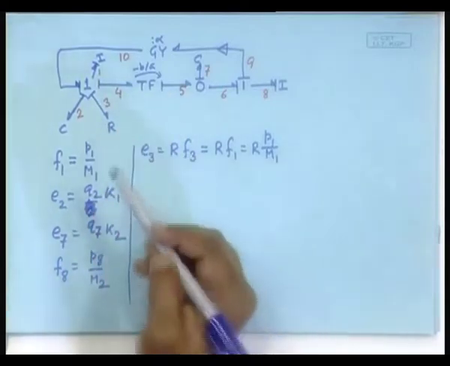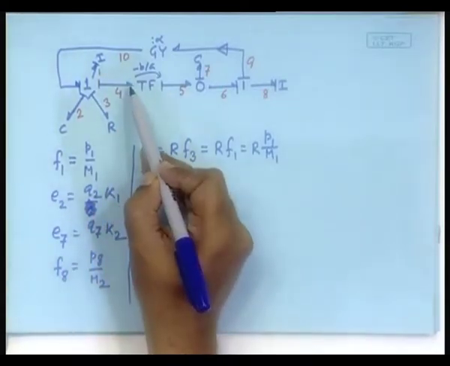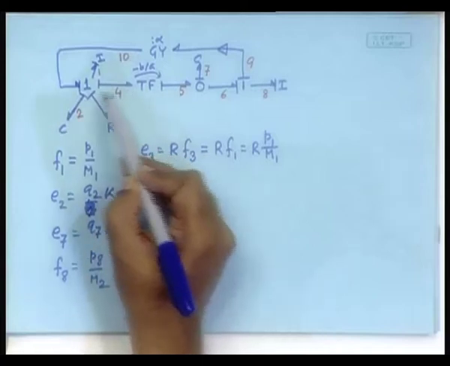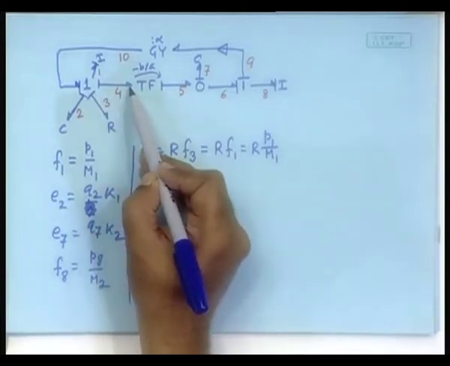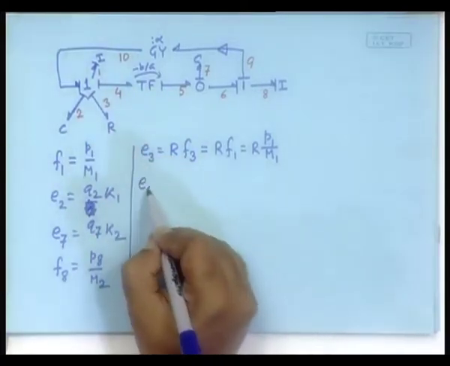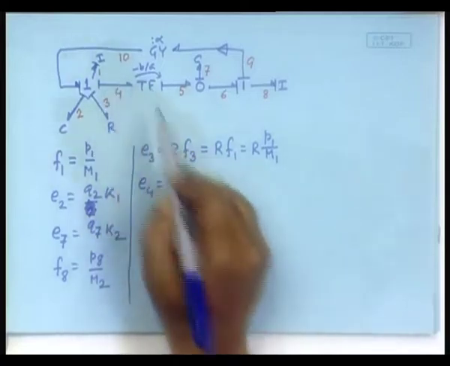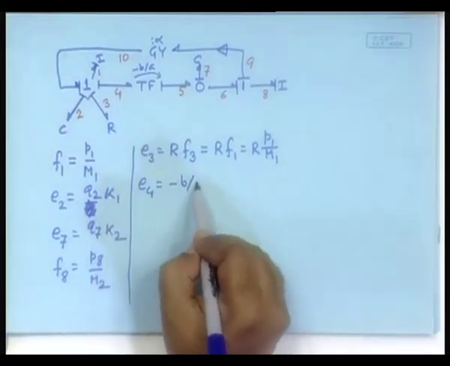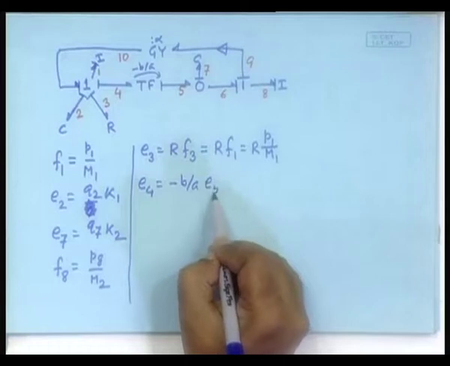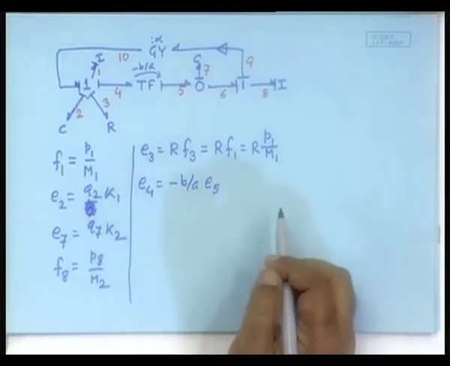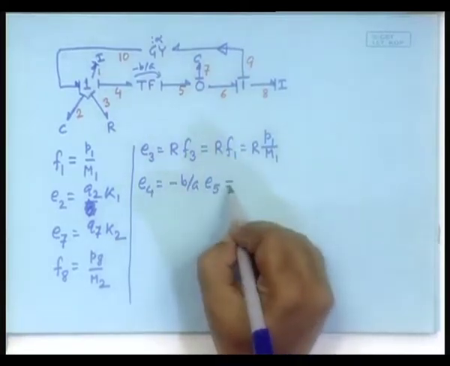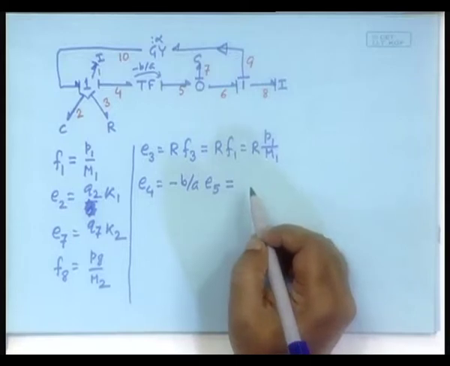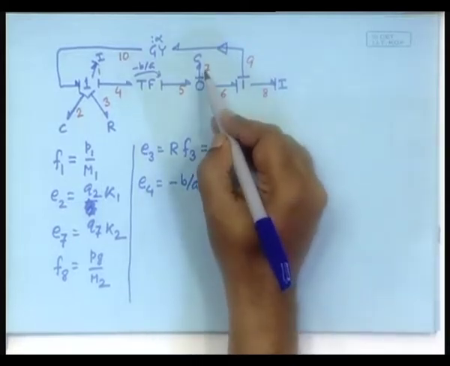This and that. What does the transformer give through this bond to the rest of the system? It gives effort. So, E4 is equal to minus B by A times E5. E5 comes from E7, right?